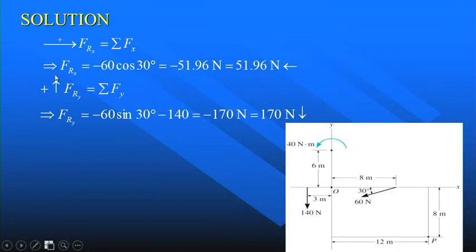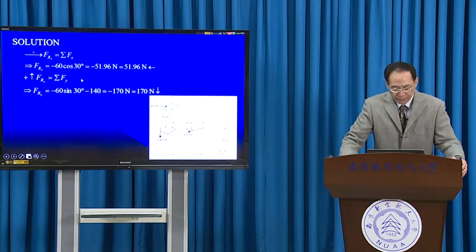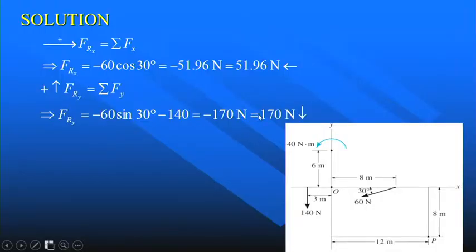Likewise, we calculate the projection of Fr onto the y-axis, which is equal to sigma Fy. That means the summation of all the projections of forces onto the y-axis. Finally, we get Fry equal to 170 Newton downwards.